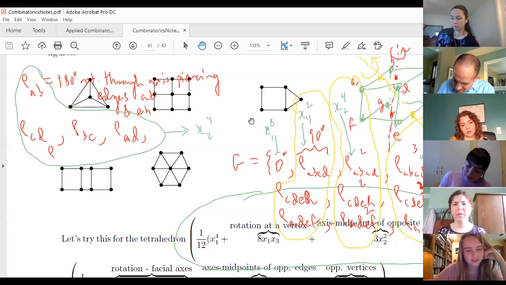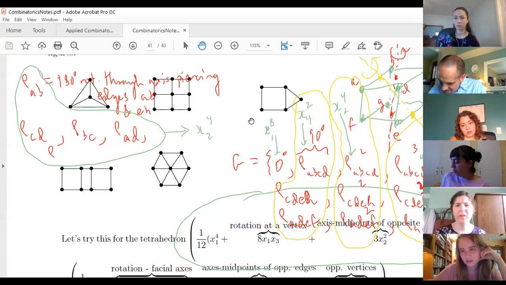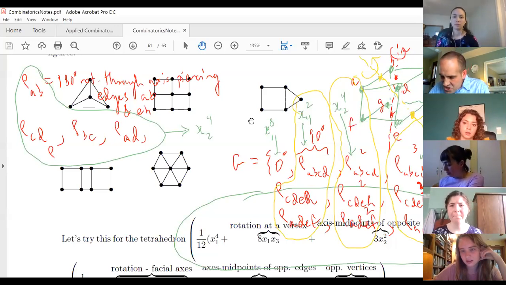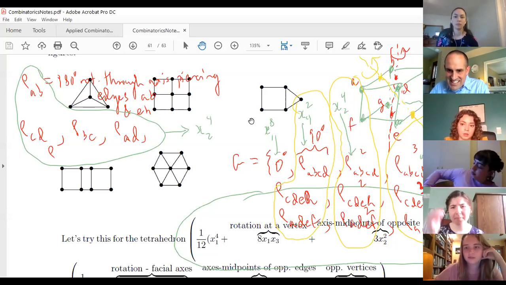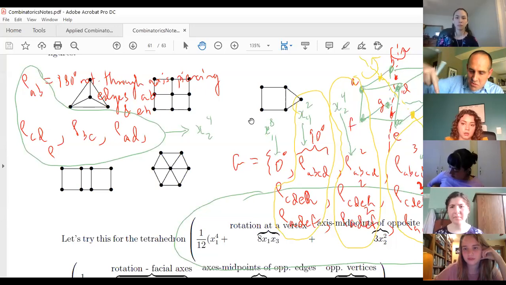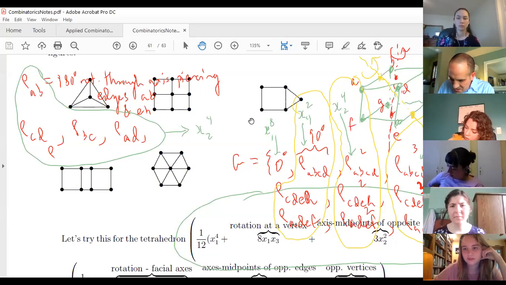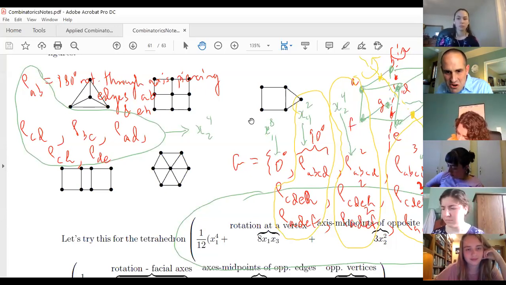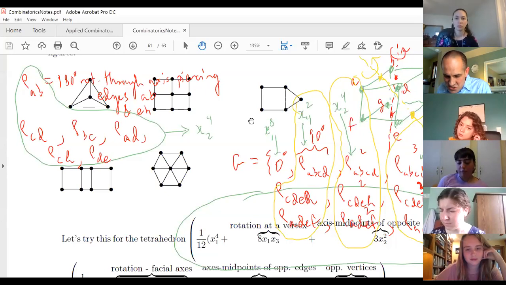On the right side, you can go from CH and then DE. The ones that are kind of going down from the top face to the bottom. So it'll be row CH and then row DE. And all of those are still going to contribute x2 to the fourth. Each one of those is going to contribute x2 to the fourth.